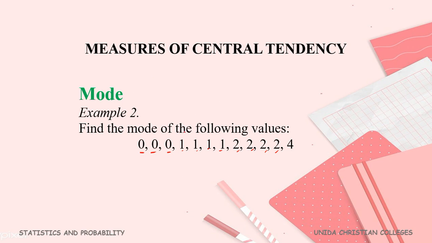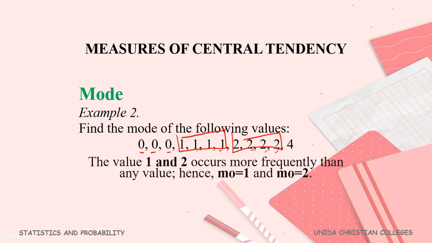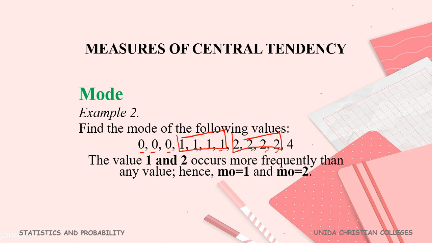O, since parehong 4 na beses nag-occur si 1 tsaka si 2, then ito po ang ating mode. Hindi natin sasama si 0 kasi si 0, 3 beses lang naman. Ayon nga sa definition ni mode, most frequent, yung pinakamarami. So, we have 1 and 2. Meaning, the values 1 and 2 occur most frequently than any value. Hence, our mode will be 1 and 2.